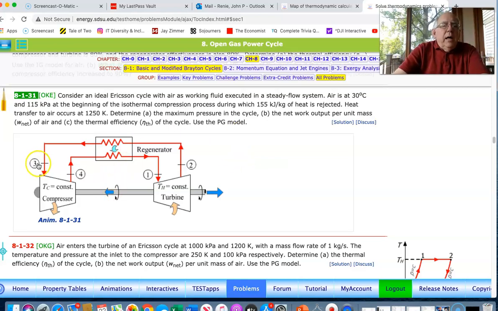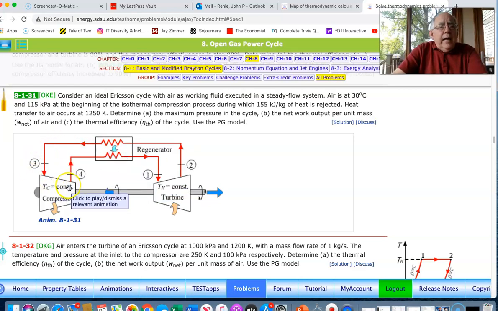We have a known pressure here, and state 4 is going to be at an elevated pressure. At state 3, that pressure is the same as at state 2. The expansion starts at some unknown value of pressure, and that unknown value is actually tied to state 4.